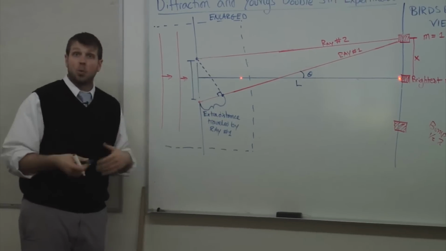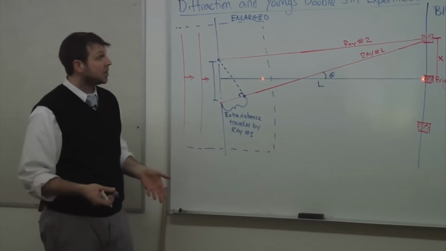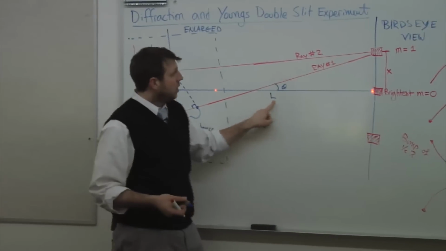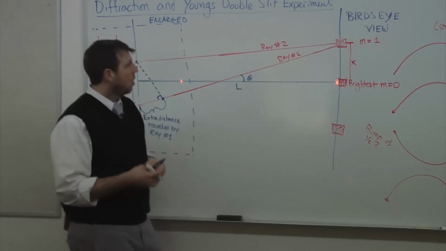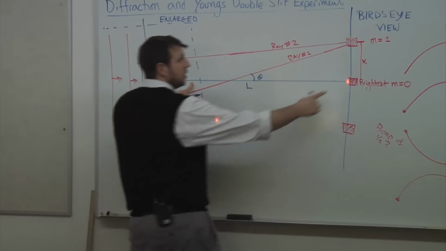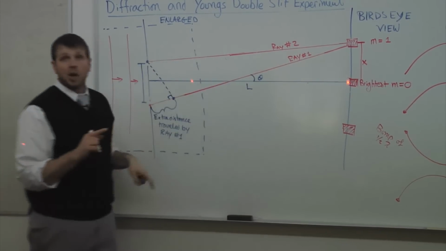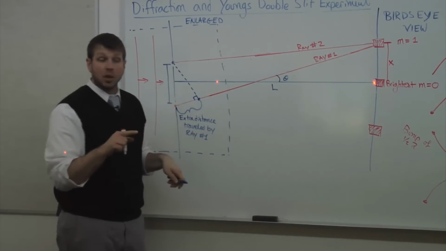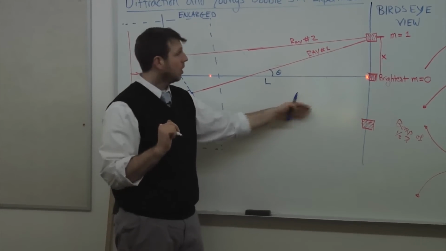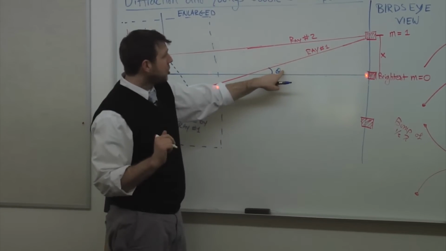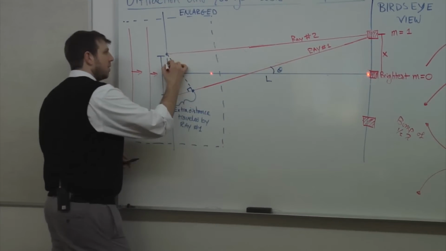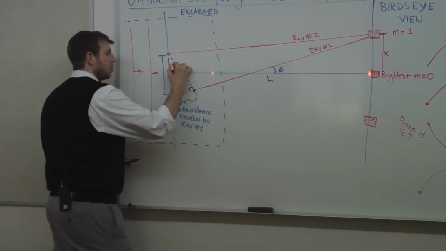Now we can measure lambda. We can figure out how many wavelengths actually exist by making a couple of measurements. So first I get L and x and theta. Well, if I wanted to know the relationship there, notice that from this bright spot to this bright spot, I could measure that. And I could also measure the length from my whiteboard to my laser. Well, I know that the relationship between this angle and this angle is that they should be similar triangles.